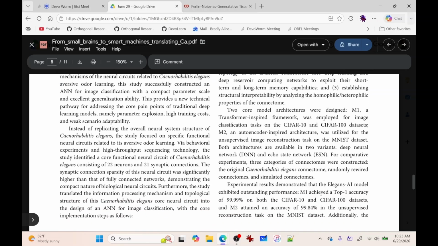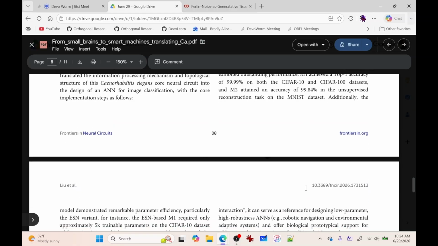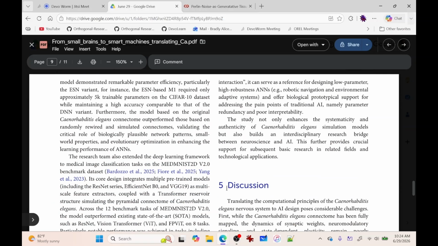And so they did these comparative experiments where M1 achieved a top-one accuracy of 99.99% on both CIFAR benchmarks, and M2 attained an accuracy of 99.84% in the unsupervised reconstruction task of the MNIST dataset. So they saw some success here. Furthermore, the model based on the original C. elegans connectome outperformed those based on randomly rewired and simulated connectomes.